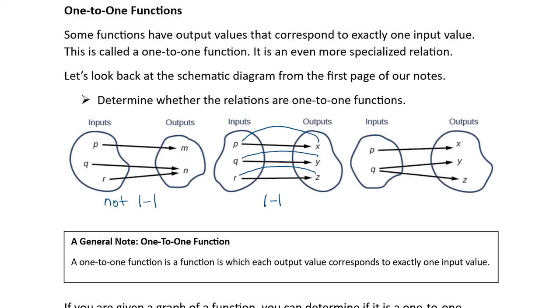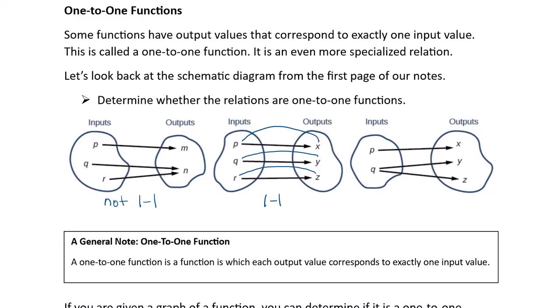Now this output here came from exactly one input. This output came from exactly one input, and this output came from exactly one input. So you might think that it's a one-to-one function, except if you look back in those notes, this was not even a function in the first place.